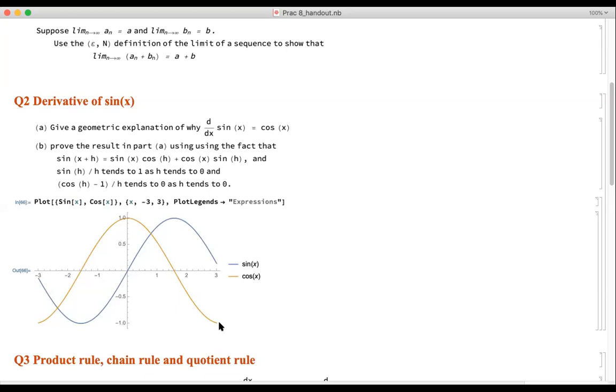Yeah, you can use a unit circle. Yep. Yeah, I just want to visualize this. So that's like you're using the definition of the derivative. Okay, so that's what I've done.